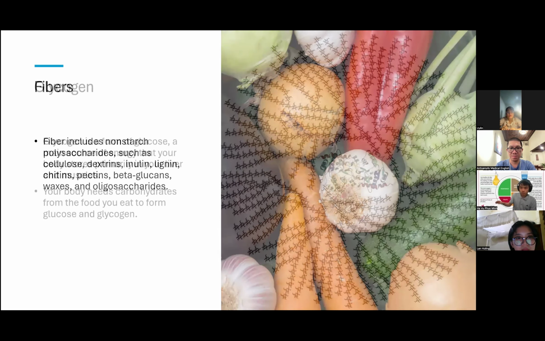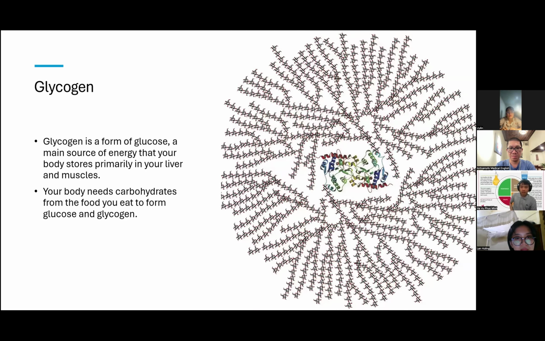And next we go to glycogen. I believe that everybody who has baked a cake, cooked, or worked as a chef in a restaurant, or learned how to make food, knows glycogen, because glycogen is a form of glucose, a main source of energy that your body stores primarily in your liver and muscle.